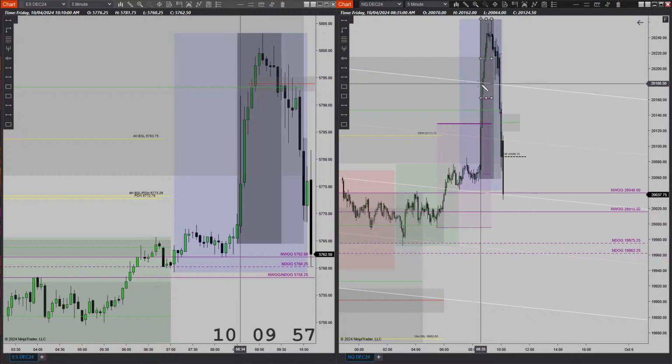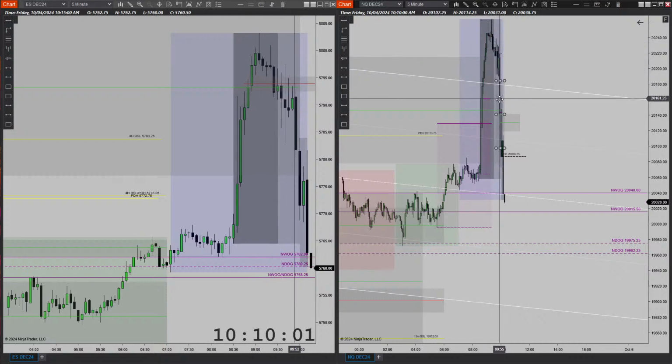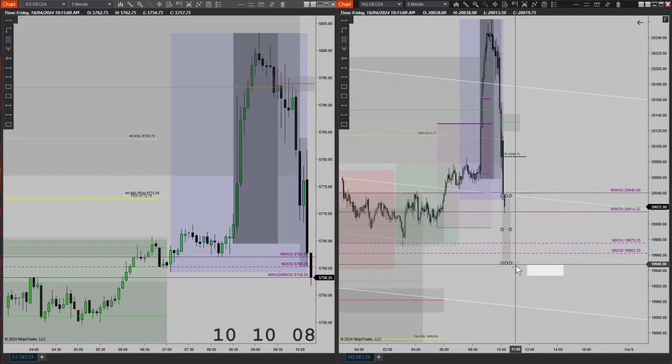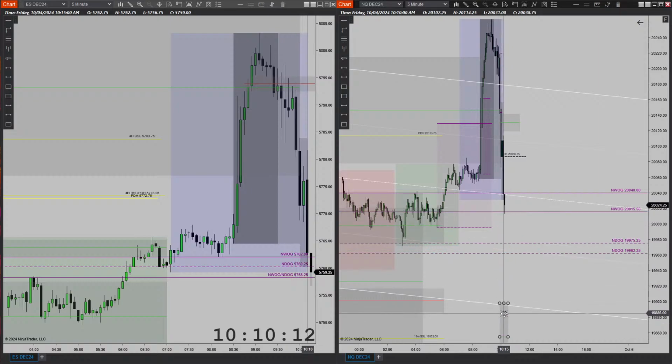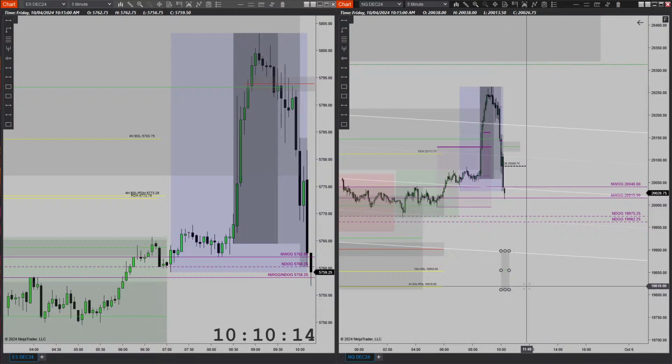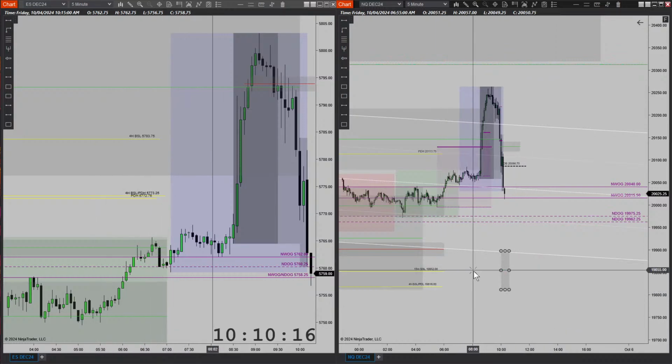All right, let's take this measured move at least. It's gonna draw one, and if it gets through this line, it's gonna draw to at least here, and then if it gets through here, then it's gonna draw to at least this area here, hitting the objective.